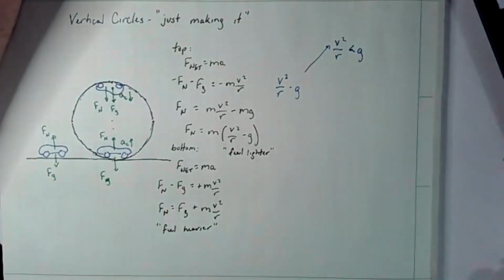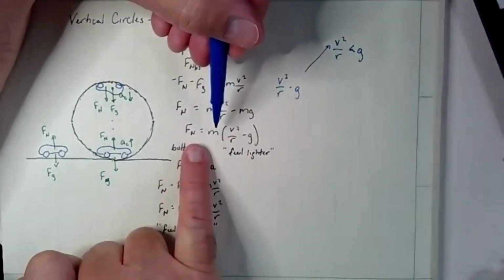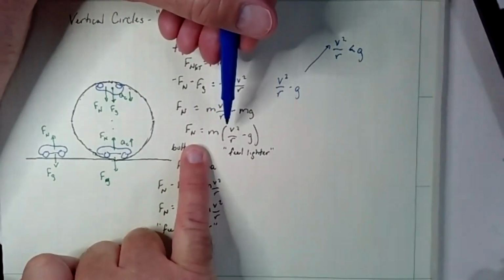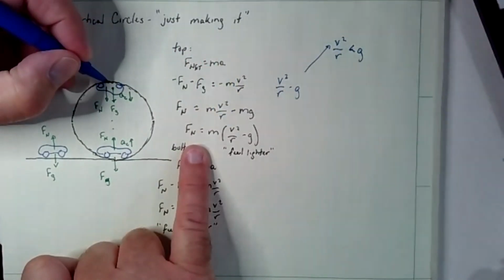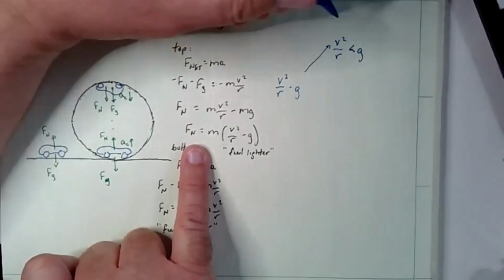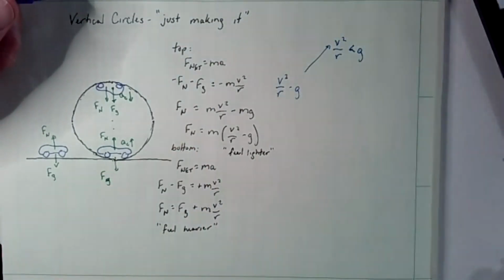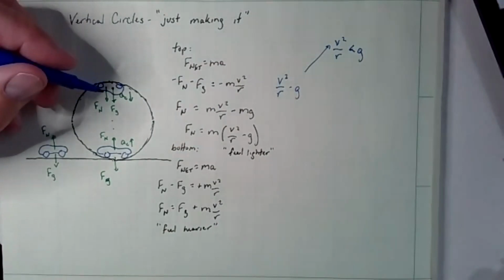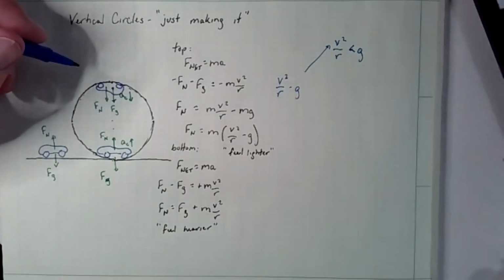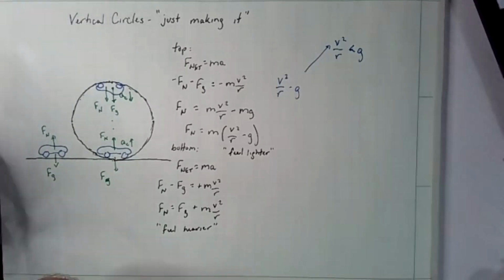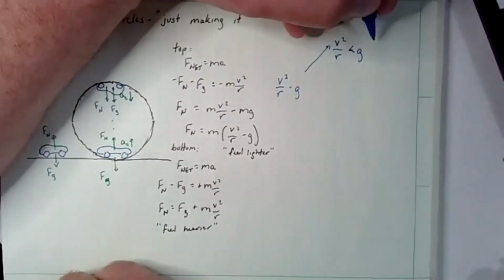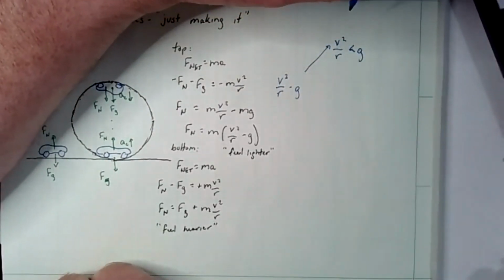Well, that means the normal force is going to be positive. If that's the case, that means the normal force is actually pushing upward on the ramp. Or if this was a Ferris wheel, you'd have a tendency to be tossed out of it. So this would be what we call pulling negative G's.